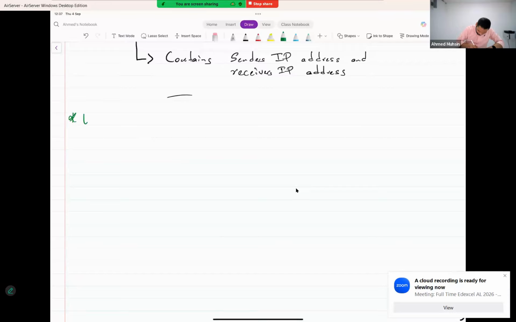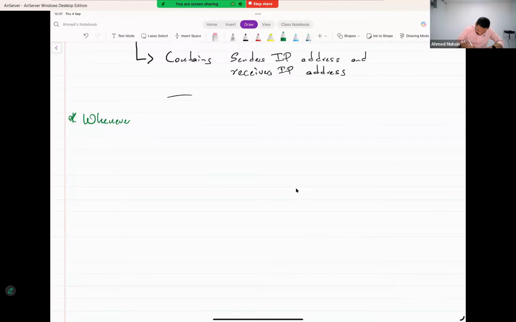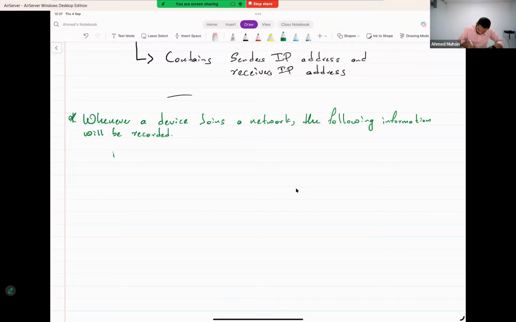Whenever a device joins a network, the following information will be recorded: device name, IP address, MAC address.